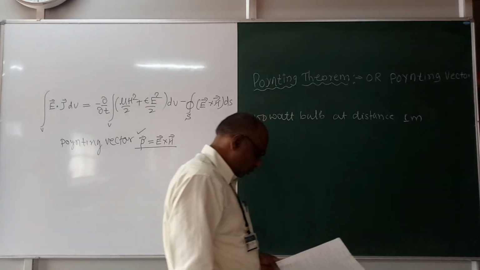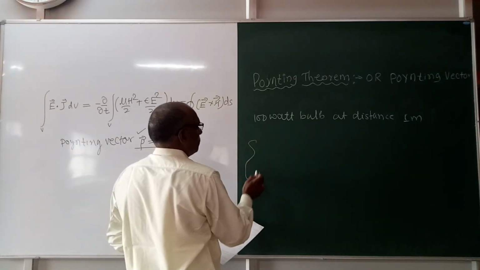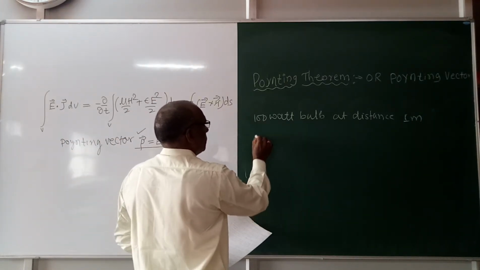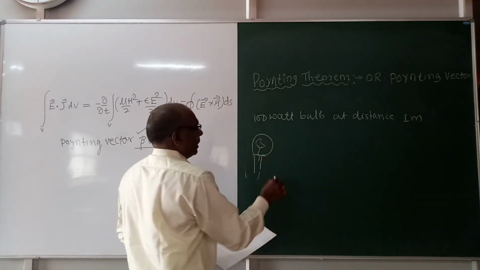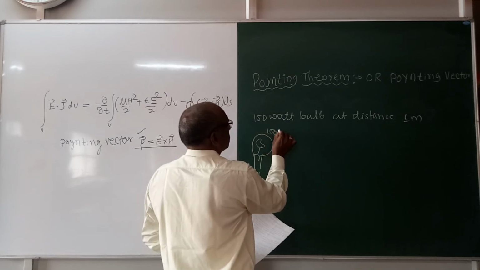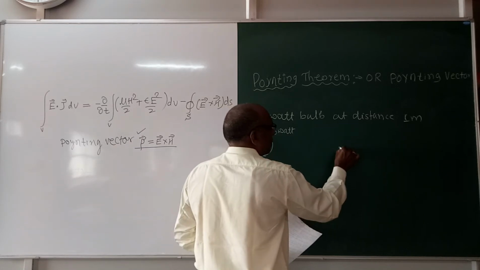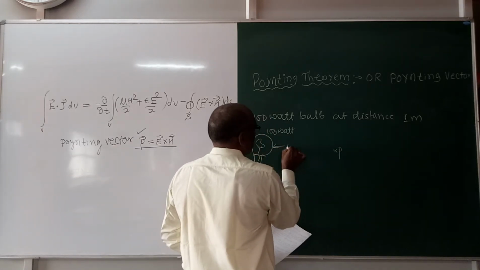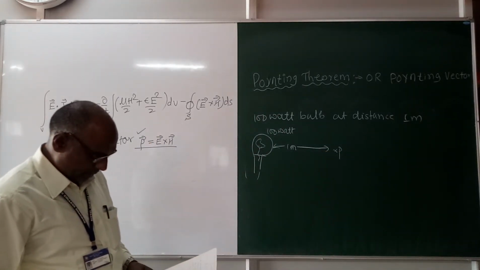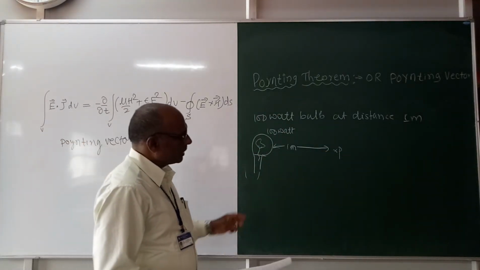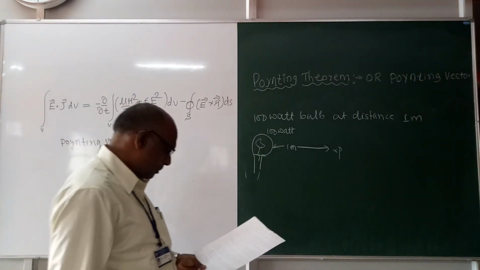This was asked for 2 marks. Here is a 100 watt bulb, its power rating is known, and here is a point P at a distance of 1 meter. I want to calculate the Poynting vector at this point.